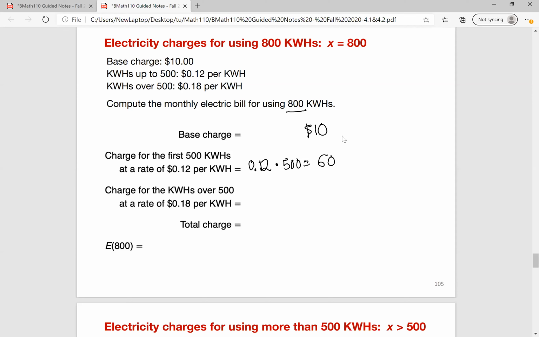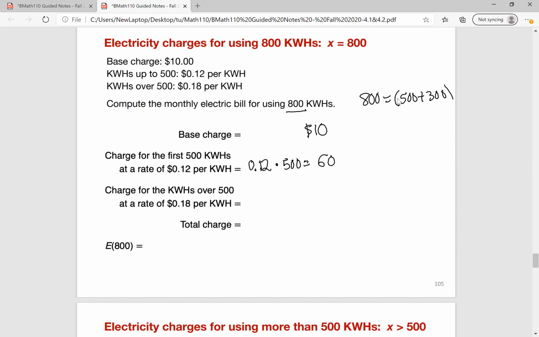And how many more kilowatts do you still use? You subtract 500, which is 300. So you should know that 800 equals 500 plus 300, right?